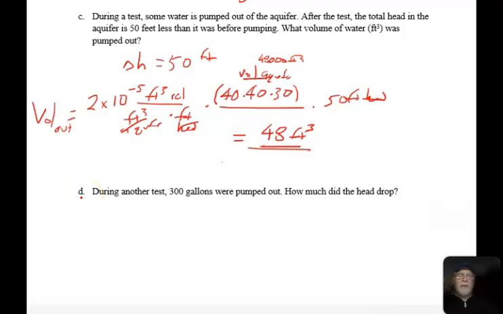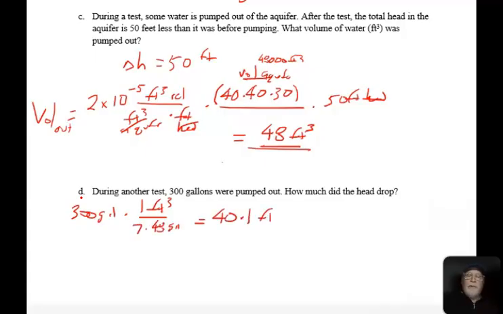Now let's reverse this a little bit. Doing another test, 300 gallons were pumped out. How much did the head drop? Well, 300 gallons times 1 cubic foot per 7.48 gallons was 40.1 cubic feet.